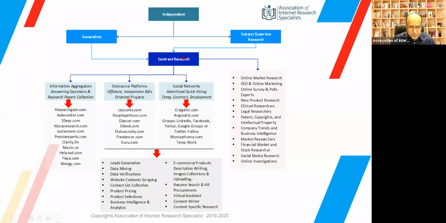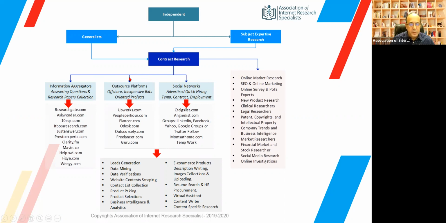Now, within the zone of contracts, we are going to split this into 2 portions. One is indicated by this arrow coming down into this box that has a list of expertise, or what is typically considered a niche market for certain types of research, and these are listed here. Then we have a generalist opportunity.